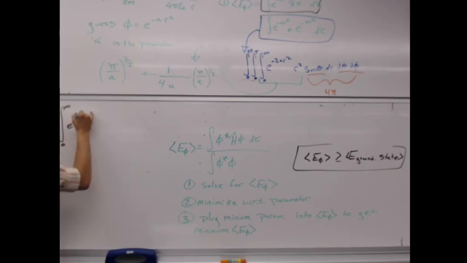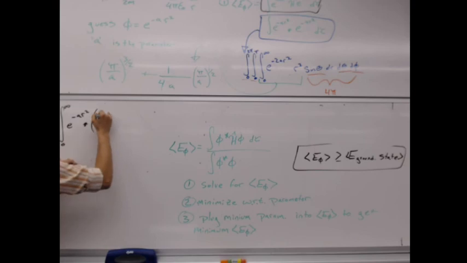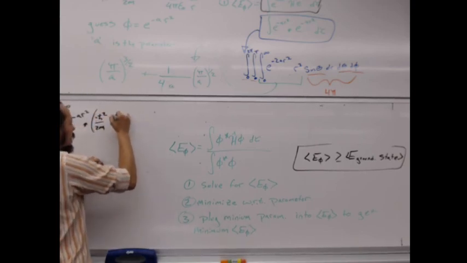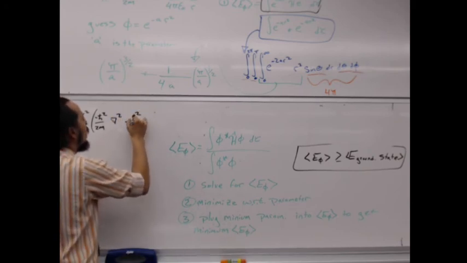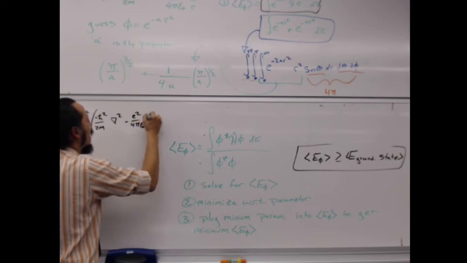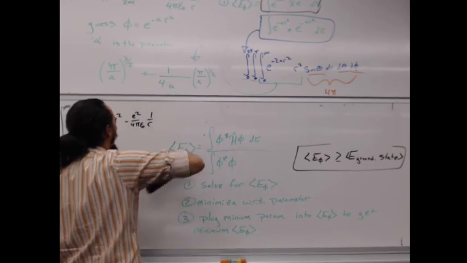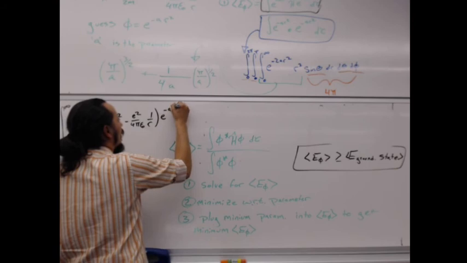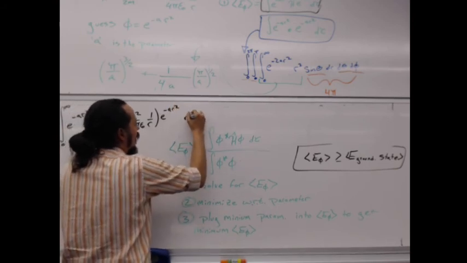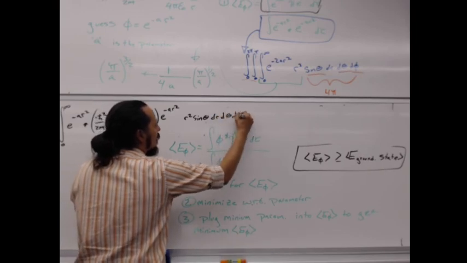I'm going to have an e to the minus ar squared times negative h bar squared over 2m del squared minus e squared over 4 pi epsilon naught 1 over r, operating on e to the minus ar squared, sine theta dr dtheta dphi.